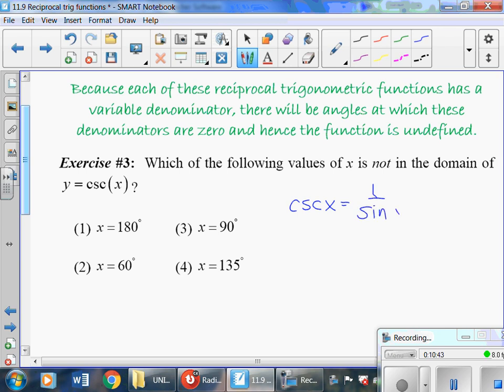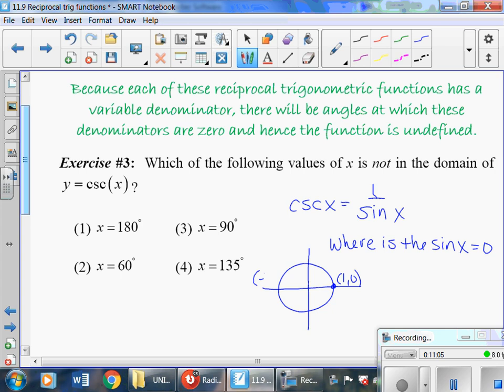So what I'm saying is, where is the sine of x equal to 0? Because that is where I'm going to get zero denominators. So you know that you're going to get zeros on your quadrant angles. So if you consider your quadrant angles, again, I always start here, 1, 0. Then I move here, negative 1, 0. This is 0, 1, and hence this has to be 0, negative 1.